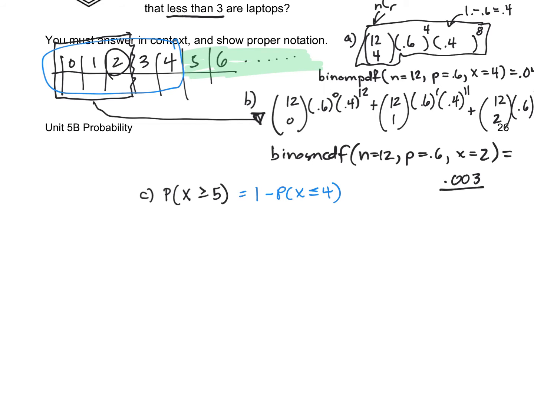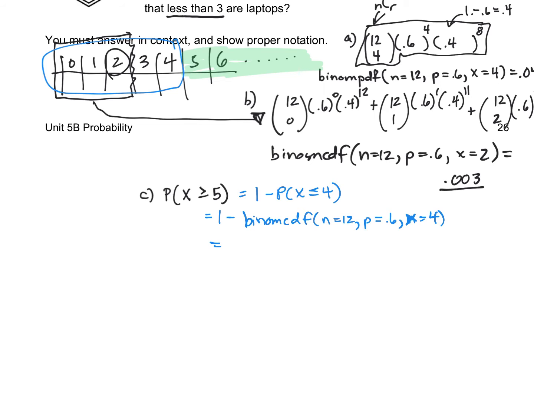Once we've got it in terms of less than, then we can do 1 minus binomial CDF, n equals 12, p is 0.6, and x equals what? 4. And you can do the 1 minus and then put the rest of it in, or you can just do it separately and then do 1 minus answer.